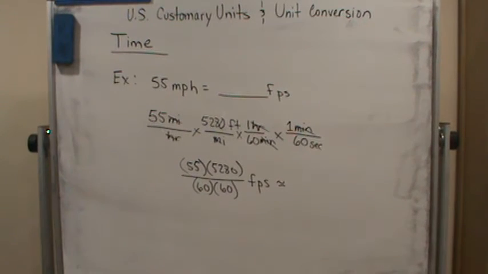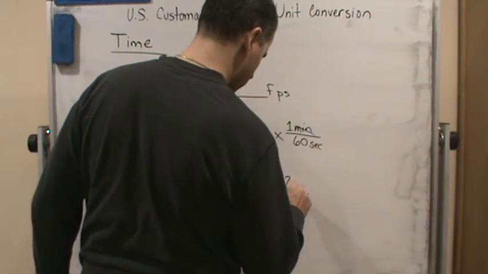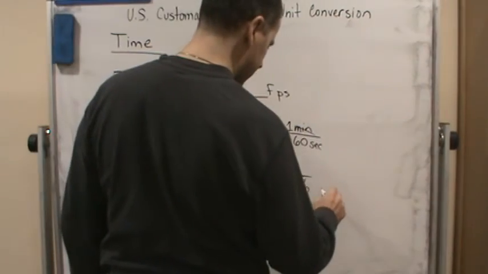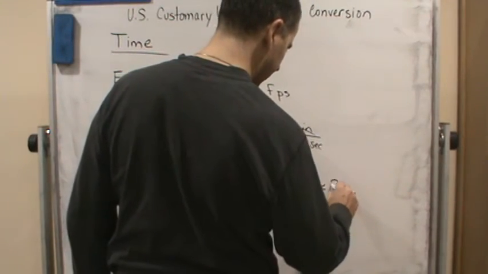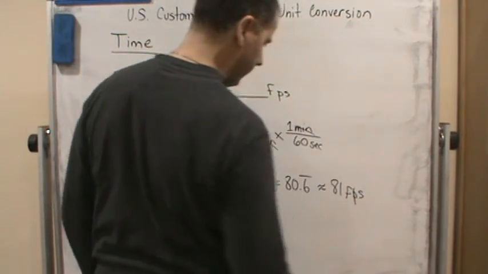And so what do I get? I get 80.666. So 80.6 continuous. So I'm just going to say this is approximately 81 feet per second.